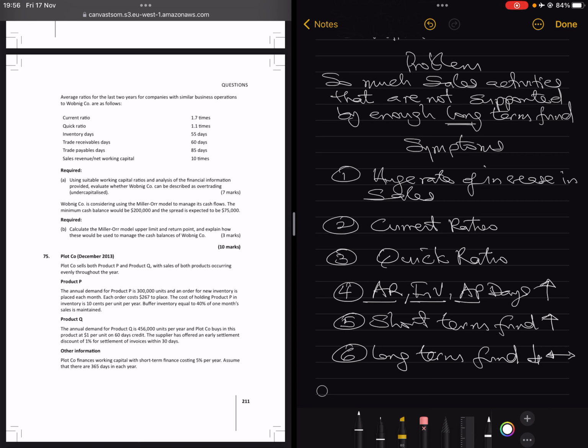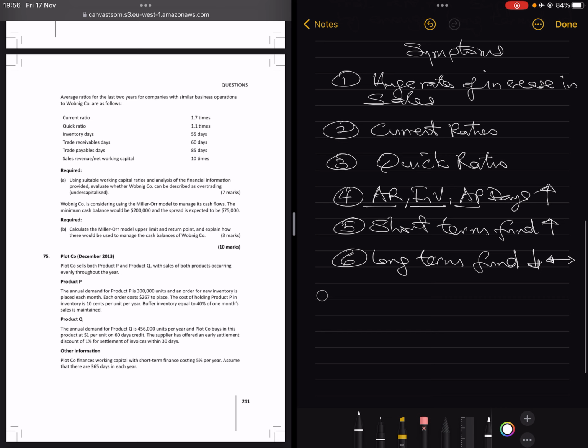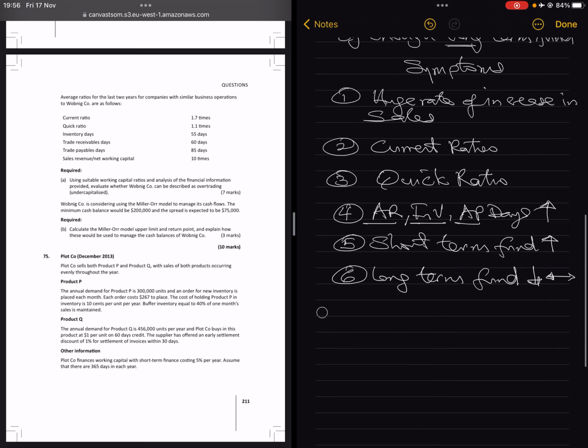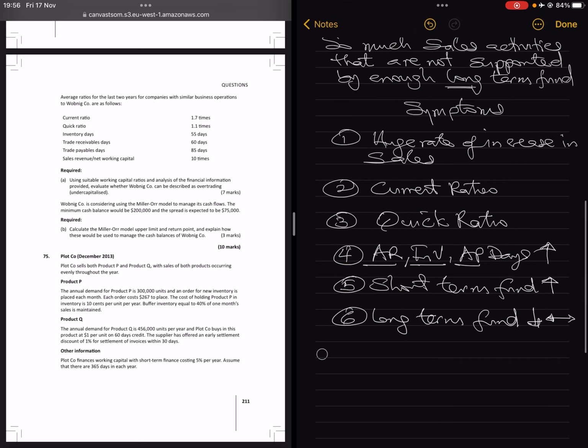So these are the 6 key symptoms that you really want to look out for when you want to assess a company, if it's overtrading or not. Those are the 6 things we're actually going to be looking out for. If you look at the question, the 7 marks question, any 5 of these will hand you your mark for sure.